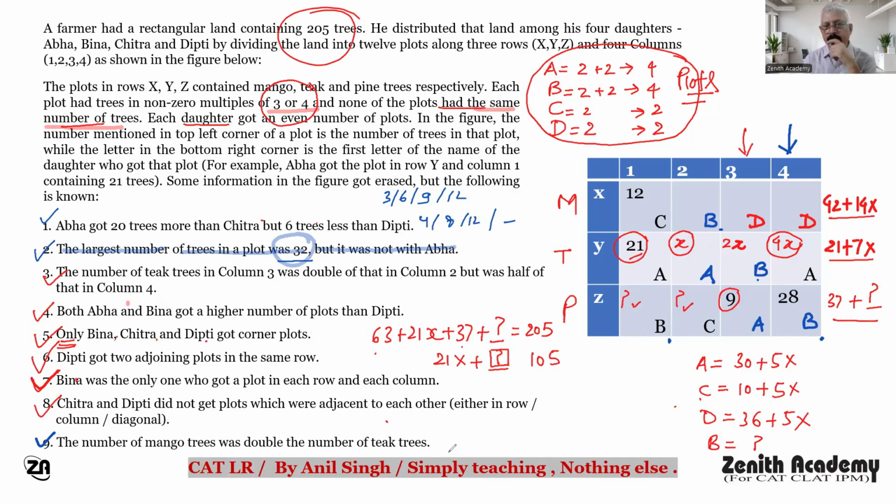What may be the value of x? Because in the second column and the y row, it is x, so it is either a multiple of 3 or a multiple of 4 or both. Can you take any big value? If I take 12, 12 into 21 is much more than 105. So 12 is not possible.